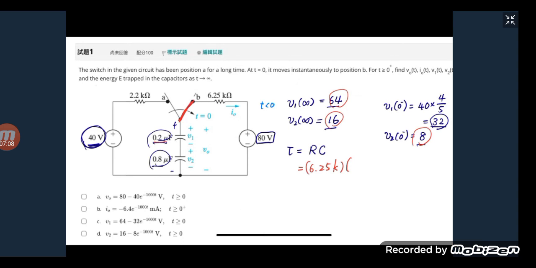Is it the complete combination? No, because the series connection of two capacitors will be what?